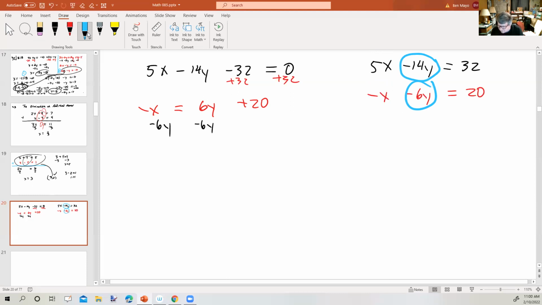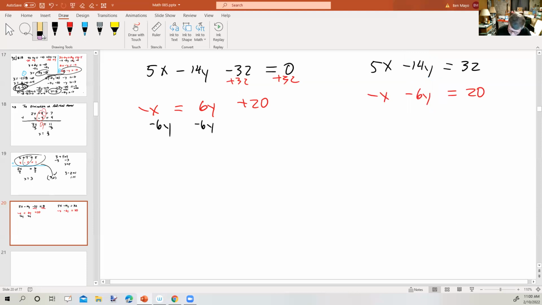So I need to find the least common multiple of 14 and 6, which, wow, is 42. So I'd have to multiply the top to turn it into a 42y and the bottom to turn it into a negative 42y. So it seems to me like it would be less work to deal with the x's.